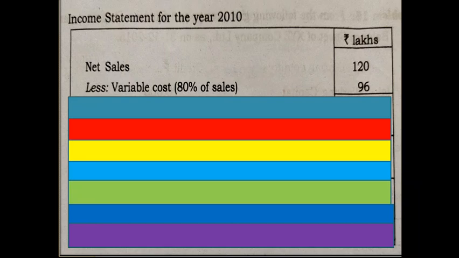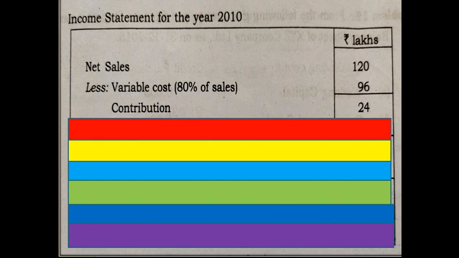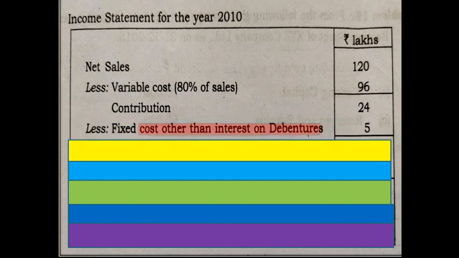So in this question, variable cost is 80% of net sales. If you deduct variable cost from net sales, you will get contribution. From contribution, you need to adjust fixed cost expenses or non-operating expenses.